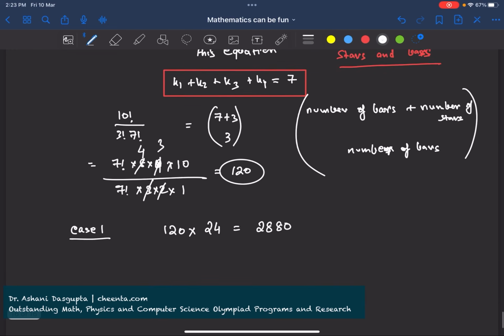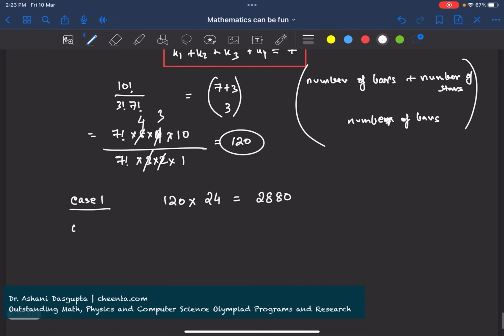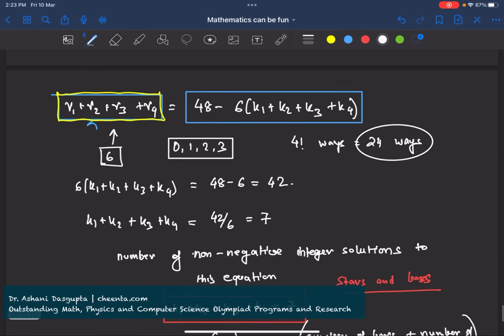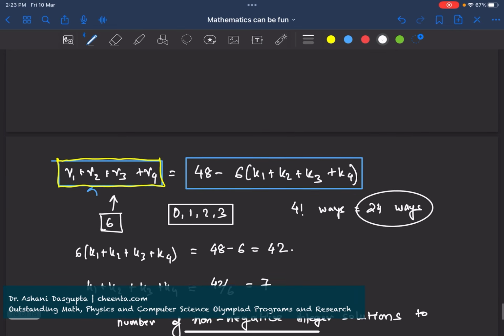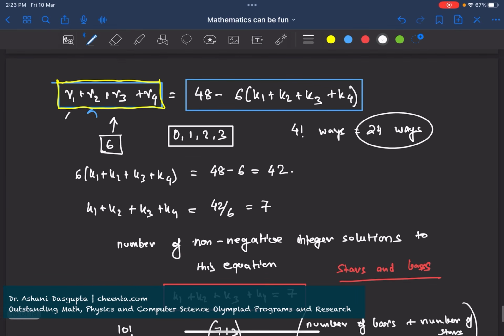Exactly in the same way, you can do case 2A and case 2B, all the 3 cases. So case 2A, I'll do it rapidly. Case 2A, this R1 plus R2 plus R3 plus R4 is 12.